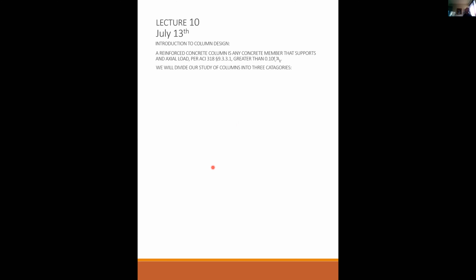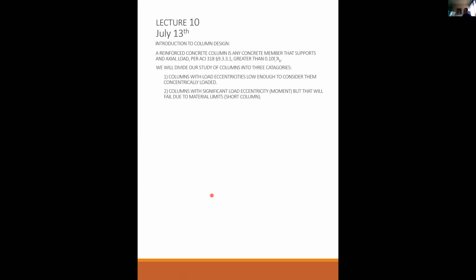We will divide our study of columns into 3 categories. We're going to start with columns with load eccentricities low enough to consider them concentrically loaded: a concrete column with the load going right down the middle of it so there are no moments applied. That's the first category. The second category is columns with significant load eccentricity and moments, but that will fail due to material limits in a short column effect.